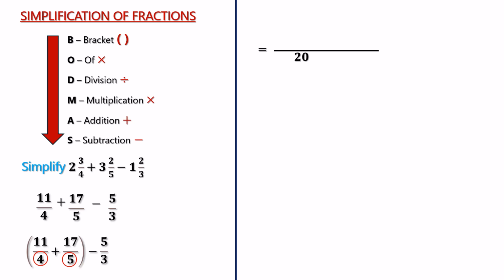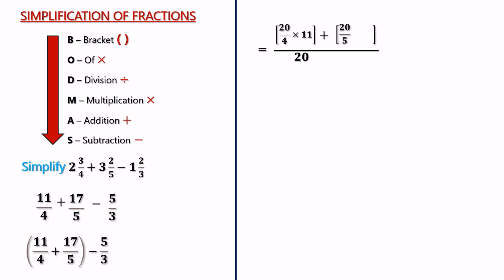So we start by dividing the LCM of 20 by the denominator of the first fraction 4 and multiply with its numerator, which is 11. We also divide the LCM of 20 by the denominator of the second fraction 5 and multiply with its numerator of 17.